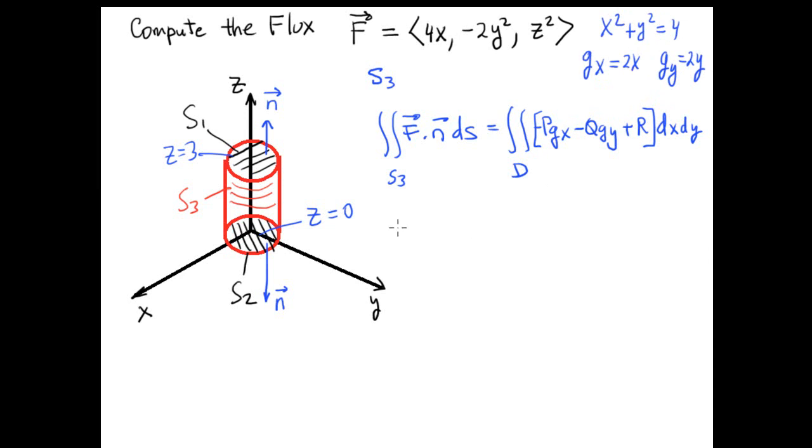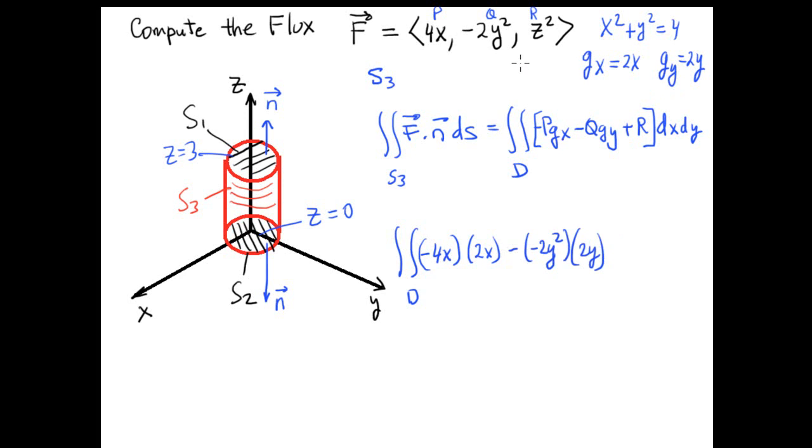Now we set up the double integral in the region D. Minus p, p is this, PQR. P is minus 4x times 2x, which is gx, minus, well actually it is minus 2y squared times 2y.